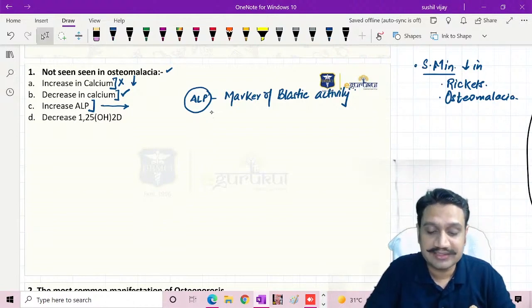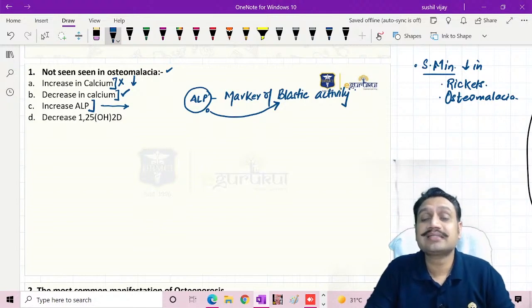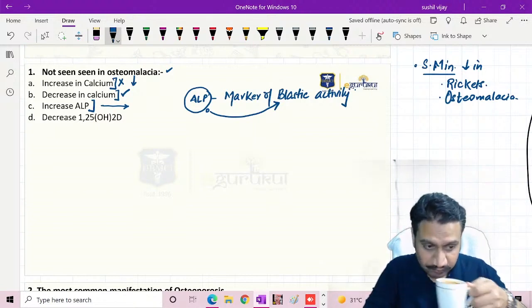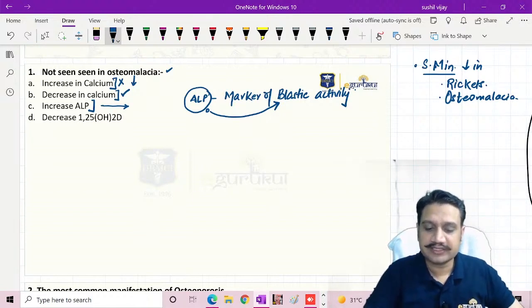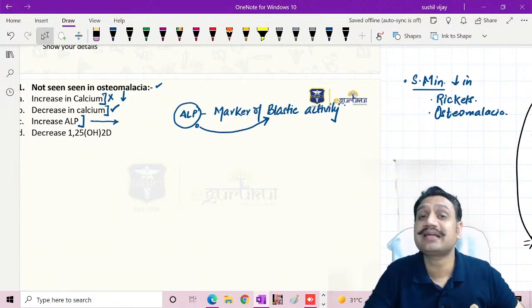Why? Because this ALP is secreted by blasts only. So, the more the blasts are active, the more will be the amount of alkaline phosphatase. So, don't worry about it. You will remember all these things. Okay. So, alkaline phosphatase is raised whenever there is an increase in the blastic activity.